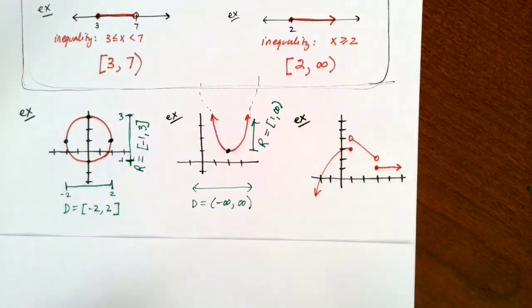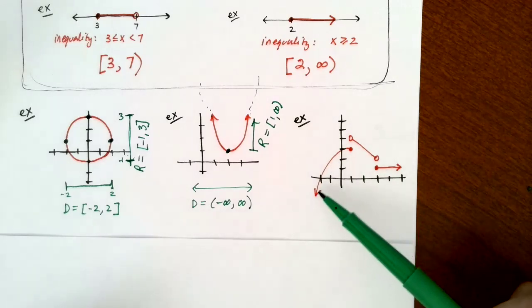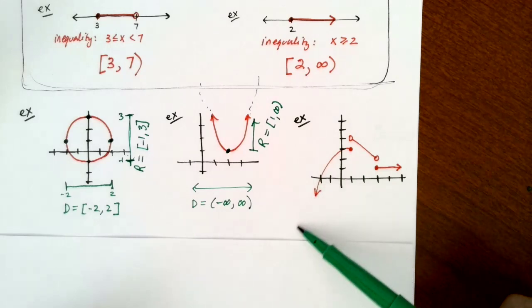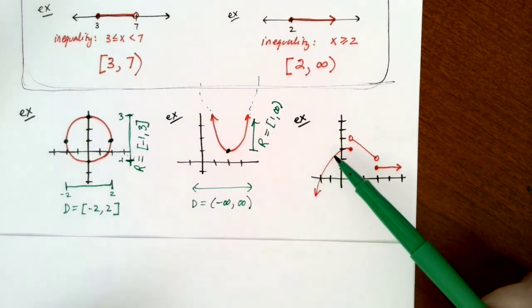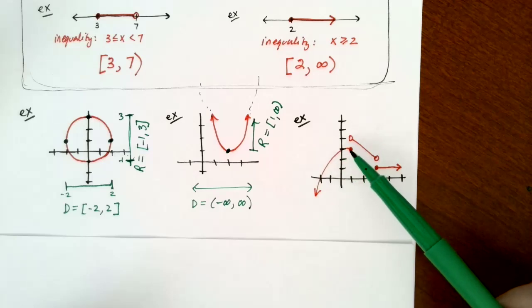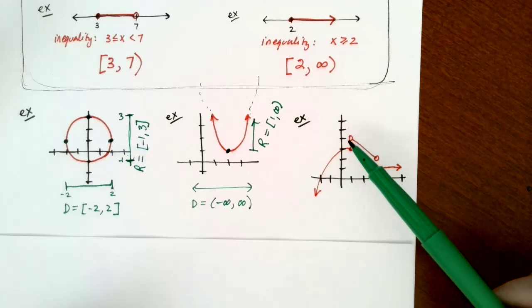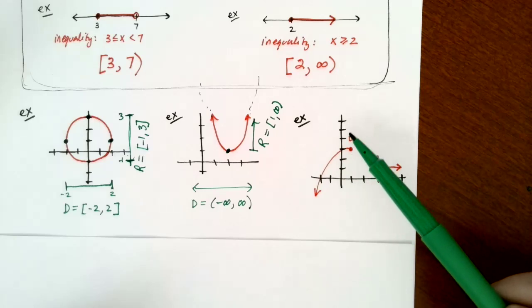Okay, so the domain of this one is actually everything. If we follow the graph left to right, this arrow implies that we're going out forever. So all the negative x values get used all the way up to 0 and to 1. The graph stops, but it kind of picks up, right? So there's not actually a vertical line test failure here because this point's not there.